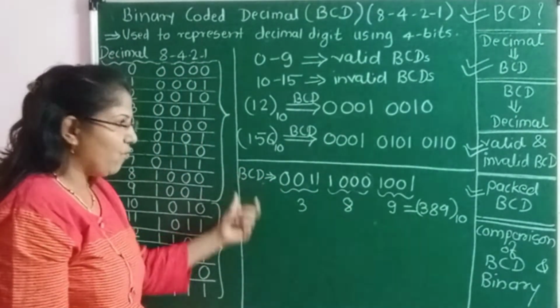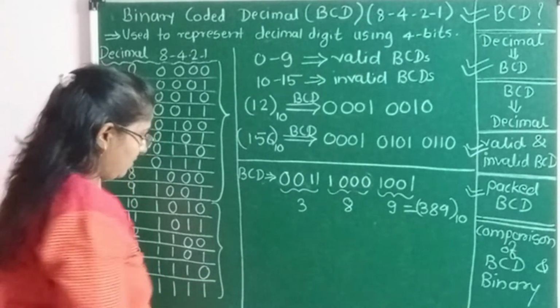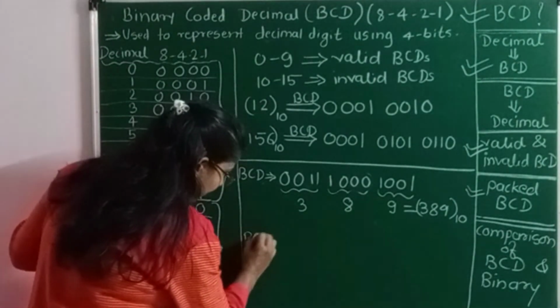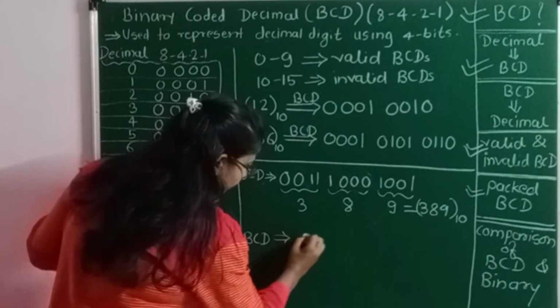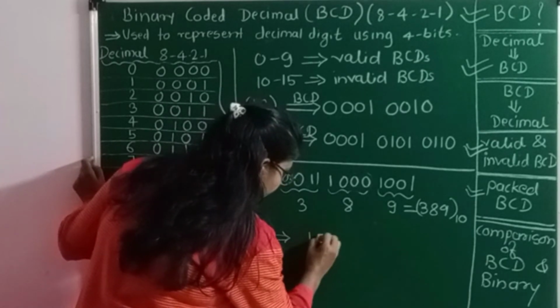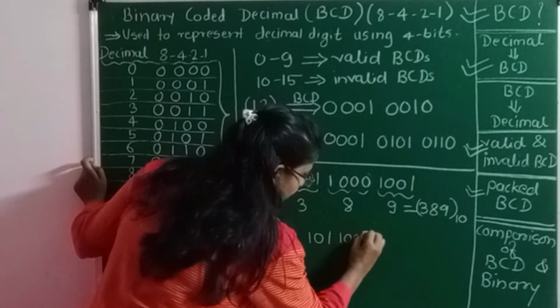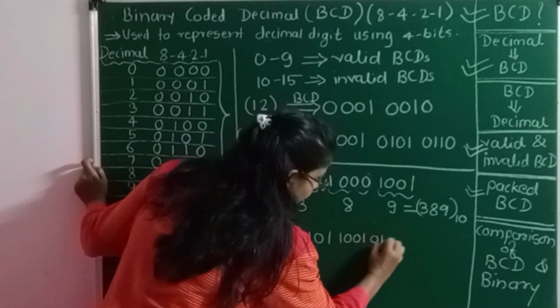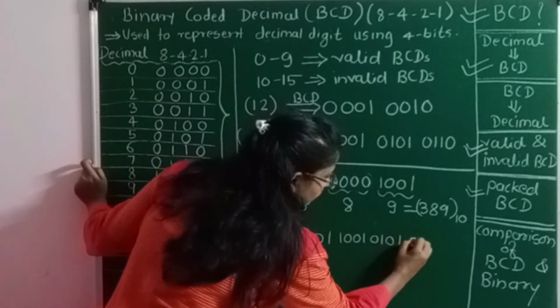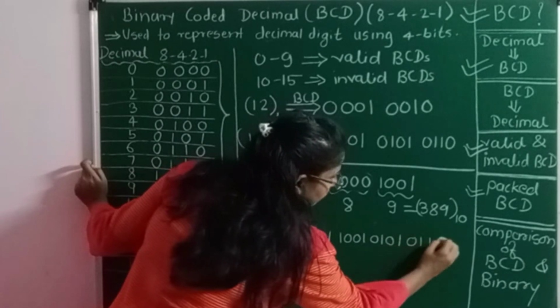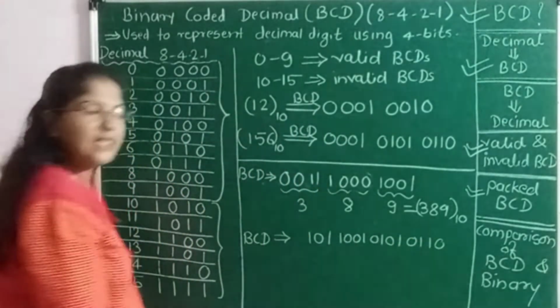Now I will take one more example here. Suppose this is the given BCD.